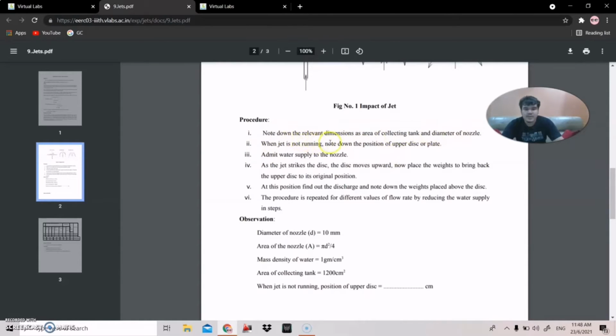Number 2, when the jet is not running, note down the position of the upper disc plate. Number 3, admit water supply to the nozzle. Number 4, as the jet strikes, the disc moves upward. Now place the weight to bring back the upper disc to its original position. Number 5, at this position, find out the discharge and note down the weight placed above the disc. Number 6, the procedure is repeated for different values of flow rate by reducing the water supply in steps.